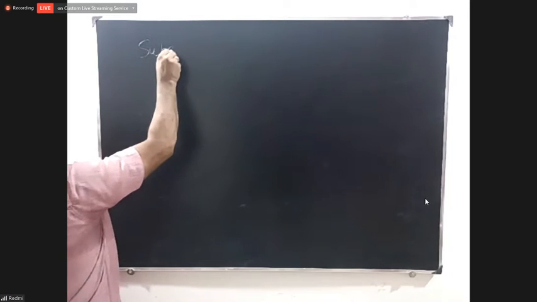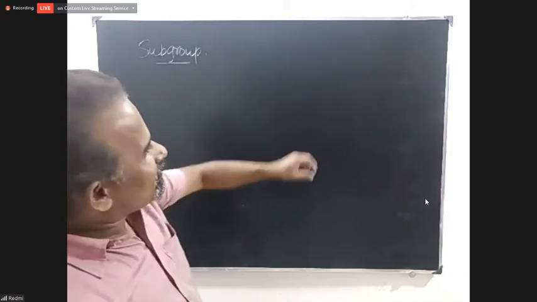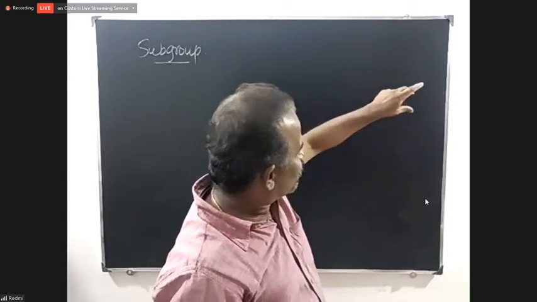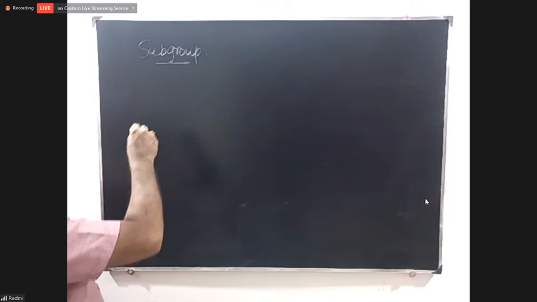The next concept is subgroup. So far we have seen what is a group, examples of a group, then the order of a group or order of an element. Then subgroup.